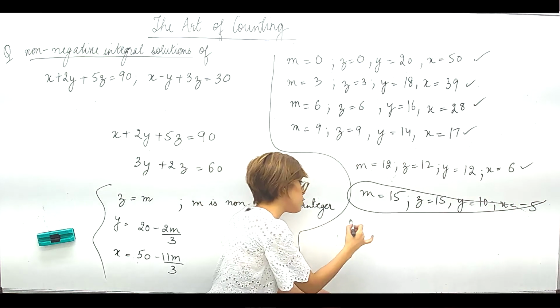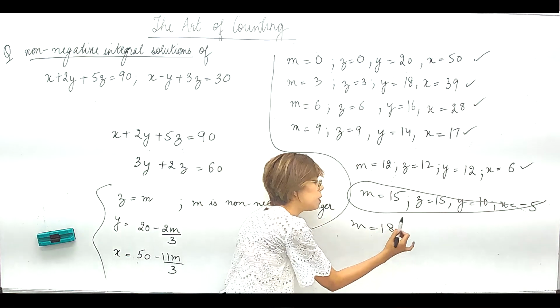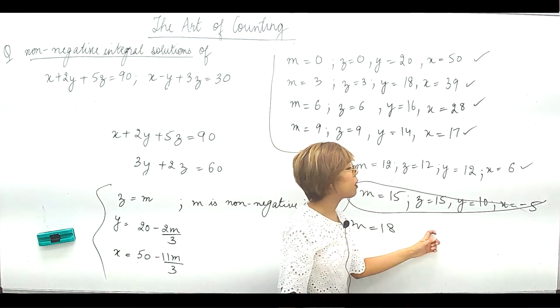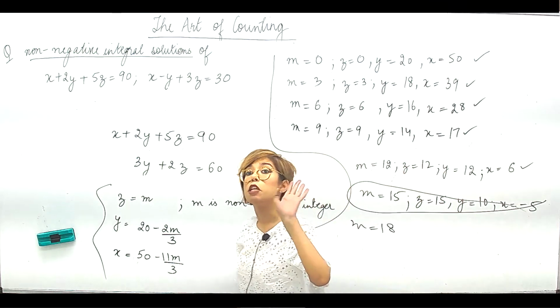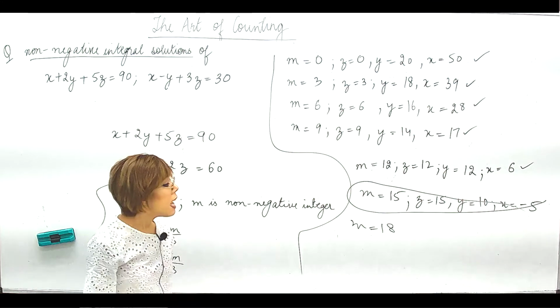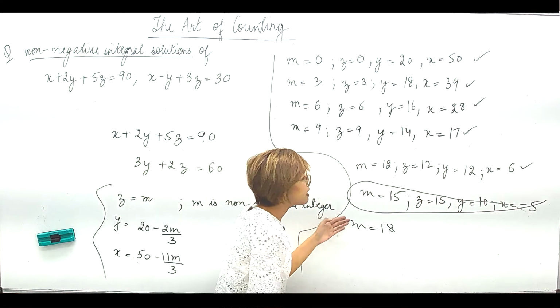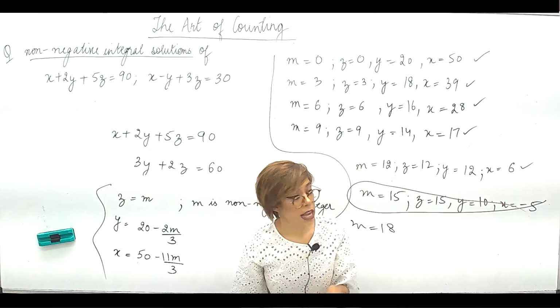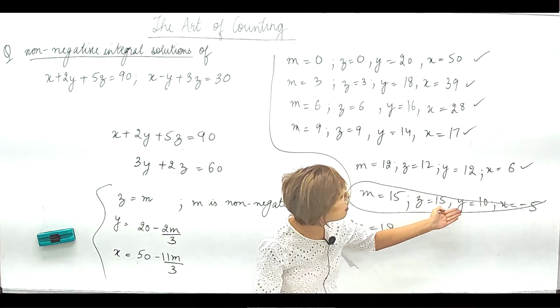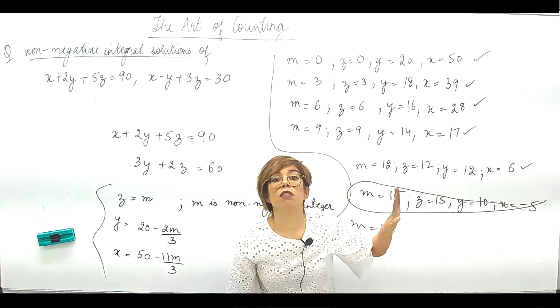Now you can check for m is equal to 80. Z will be okay, y will be okay, but x will again be a negative integer. Right? In fact, when I increase m, I will get more and more negative x. And after a certain point of time, I will get more and more negative y as well.